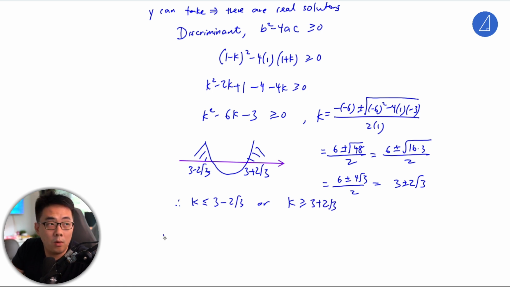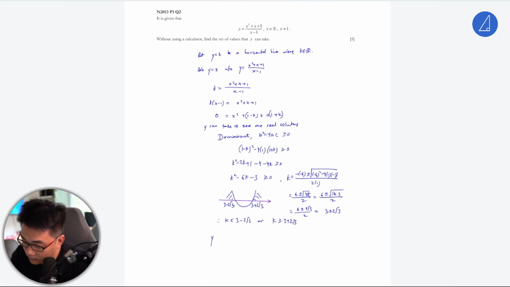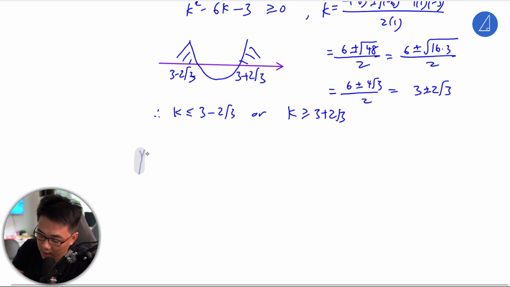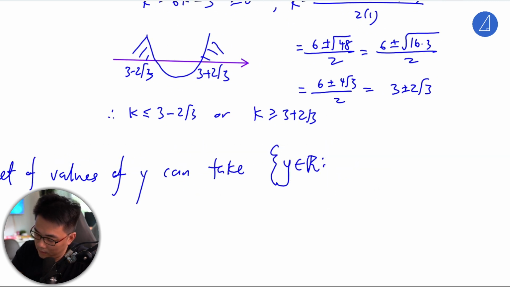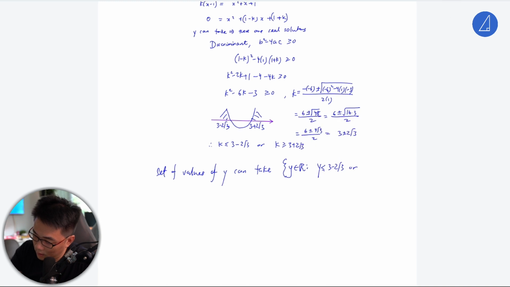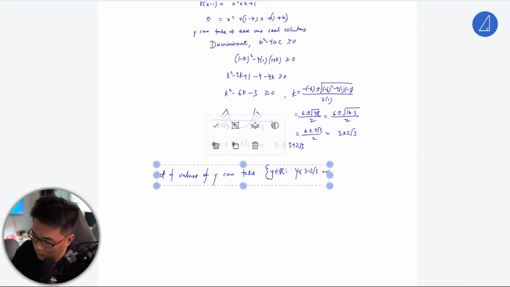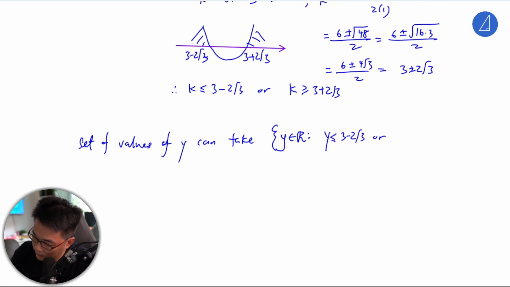Okay, so the set of values of y that y can take is: y is a real value where y is at most 3 minus 2 root 3, or y is at least 3 plus 2 root 3.